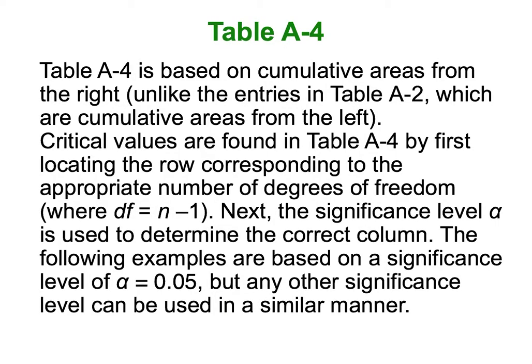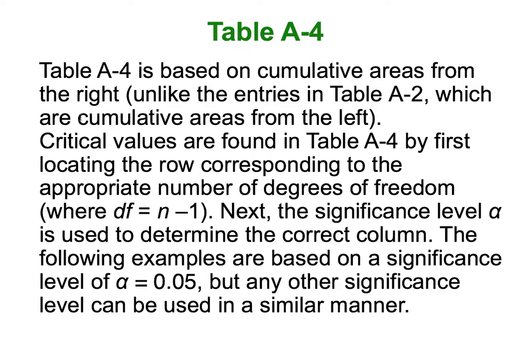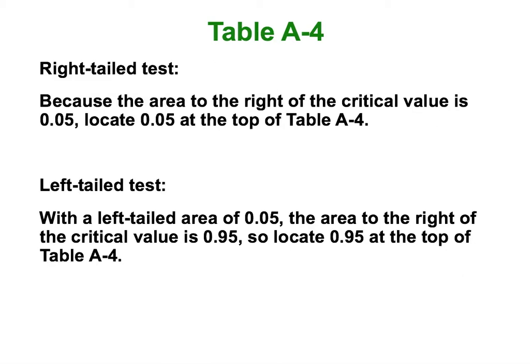And in table A4, unlike the z-scores, which show cumulative area from the left, the chi-square shows cumulative area to the right. So we'll have to be careful of that when we find our critical value.